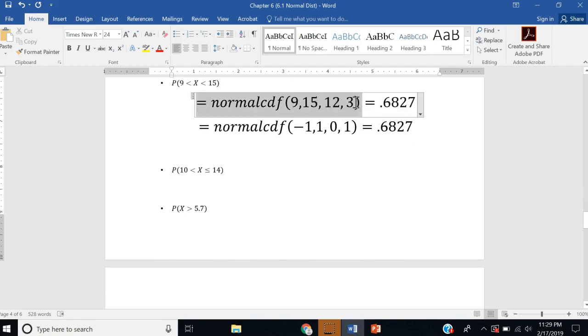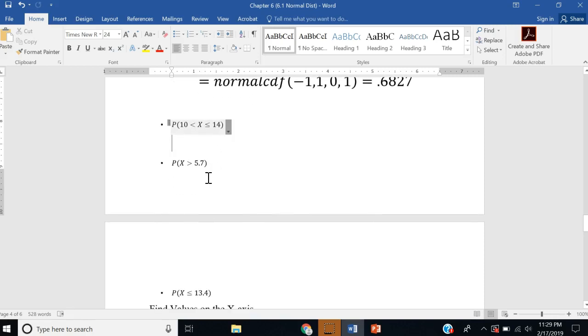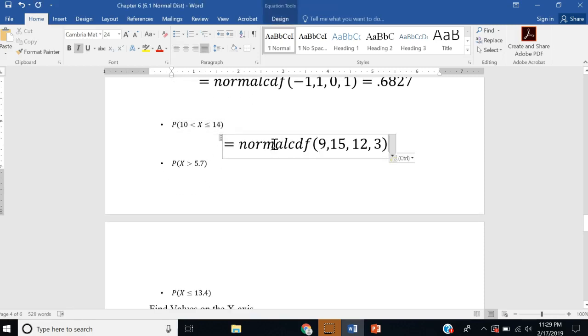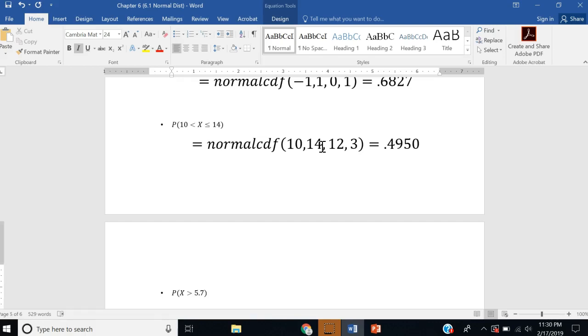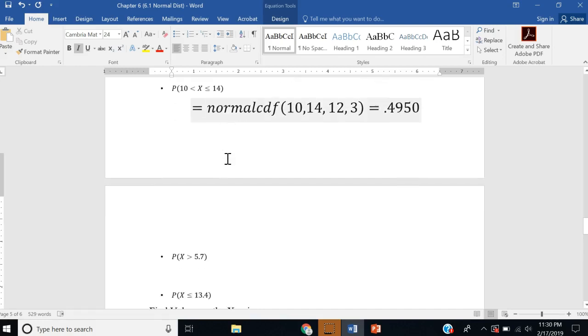If I type in the normal CDF function for the probability of getting between 10 and 14, lower bound is 10, upper bound is 14, my average is 12, my standard deviation is 3, so 0.4950. So almost a 50% chance that we get between those two numbers.